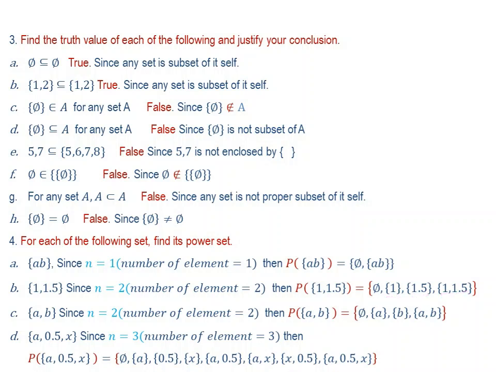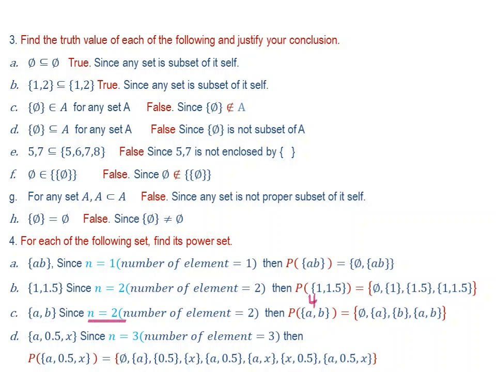Here we have two elements, therefore the number of elements of the power set is 2 to the power of 2, which is 4.